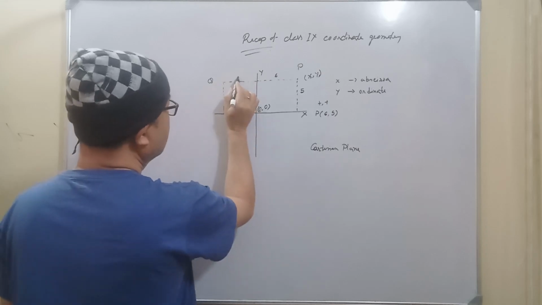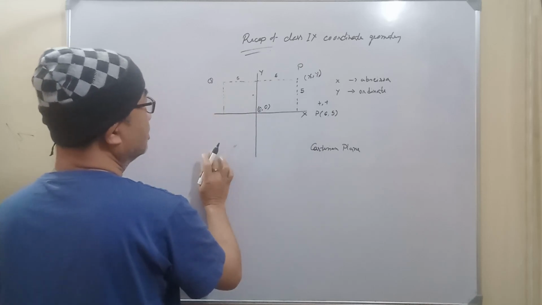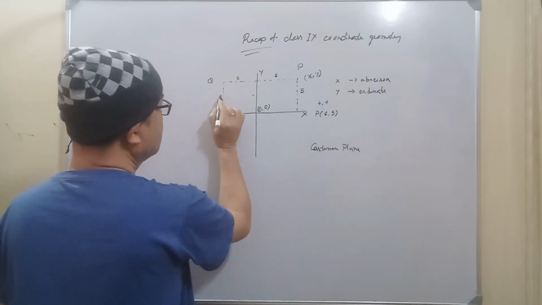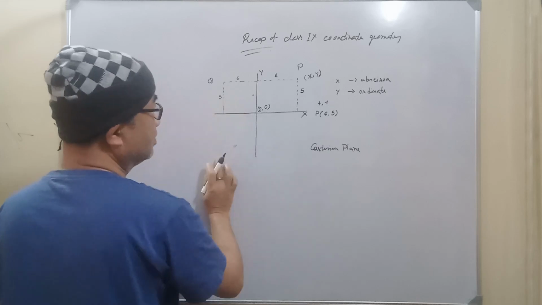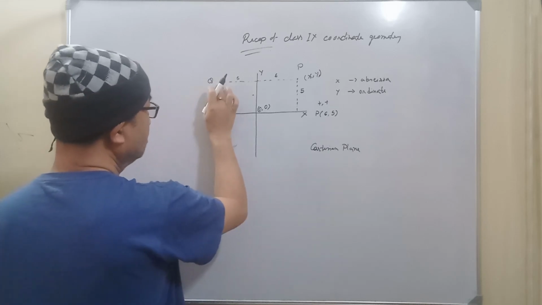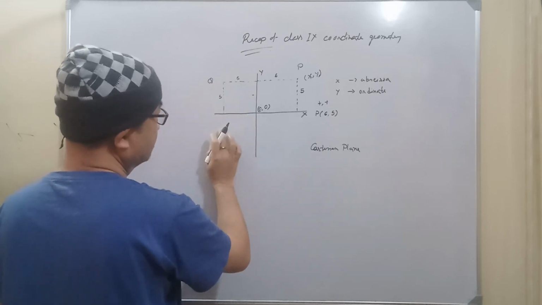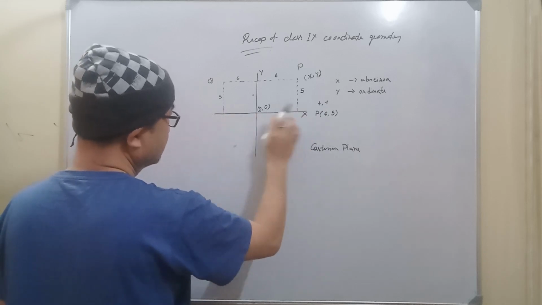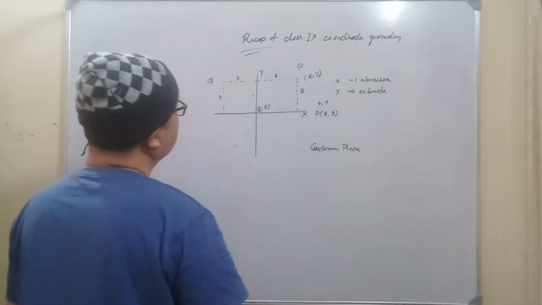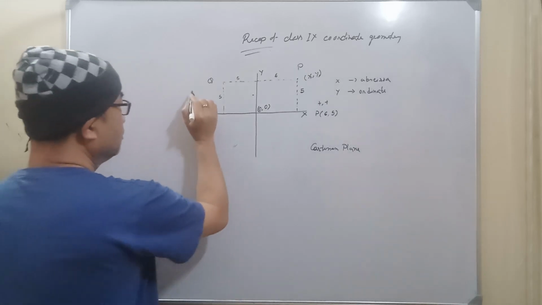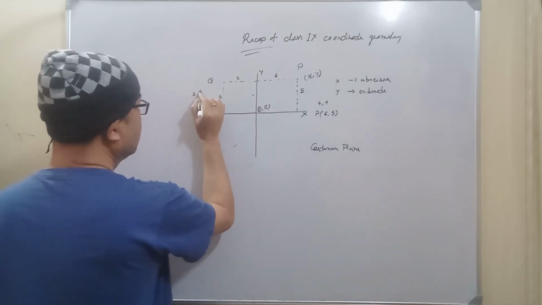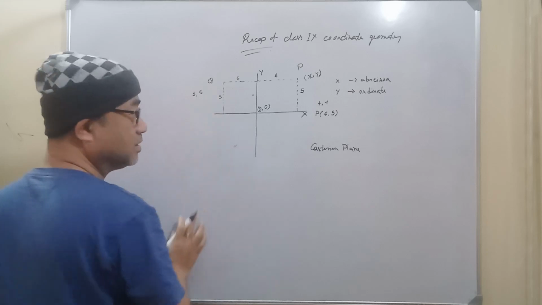Suppose this is 5. Okay, and this is also 5. Perpendicular distance of Q to the x-axis, because this is the x-axis and this is the y-axis. So the coordinates of Q will be 5 and 5, right?